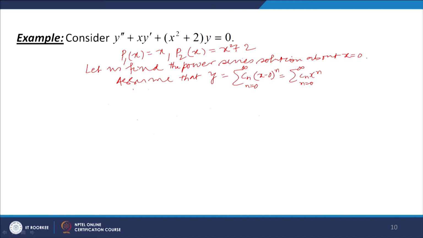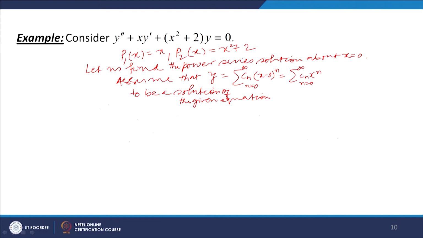Let us assume this y to be a solution of the given differential equation. And let us say R is its radius of convergence. So, then the series converges for mod of x less than R, and R is of course infinity here. So, the series converges for all x belonging to R.